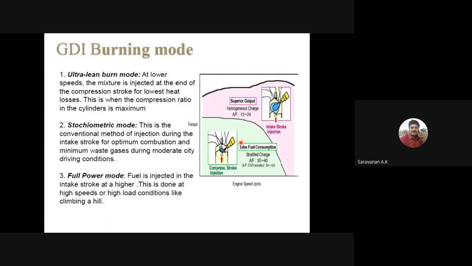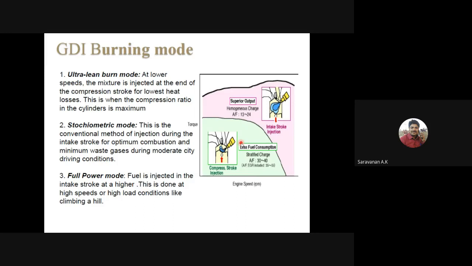You may remember that, up to 120 kilometers per hour. Nowadays most vehicles on the highways go at 80 to 120 speed. That is the normal speed of a car, right? So in GDI, normal driving conditions are up to 120 kilometers per hour, right? That you can remember.